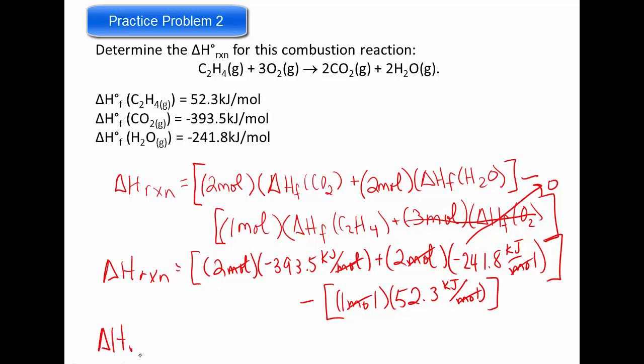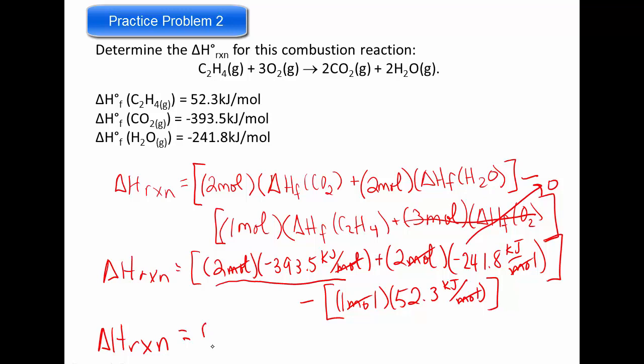So if we do these multiplications, because it is a series of multiplications and then additions or subtraction, do each combination of numbers first. So I'm going to multiply these first and write that out. And you need 4 significant figures. These coefficients have infinite sig figs.